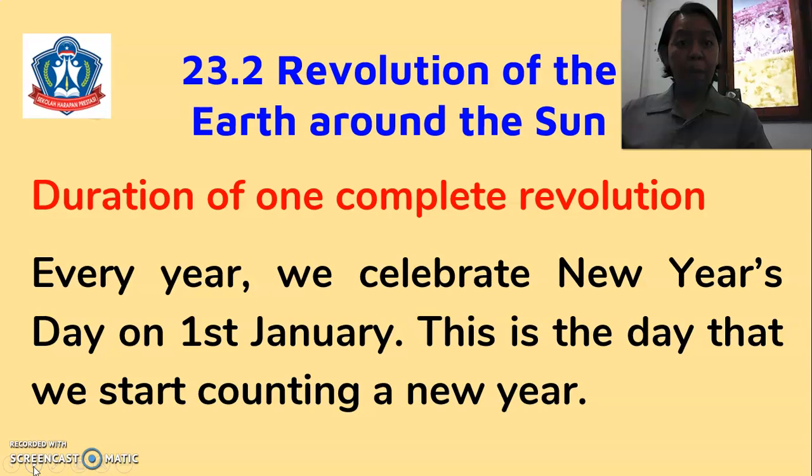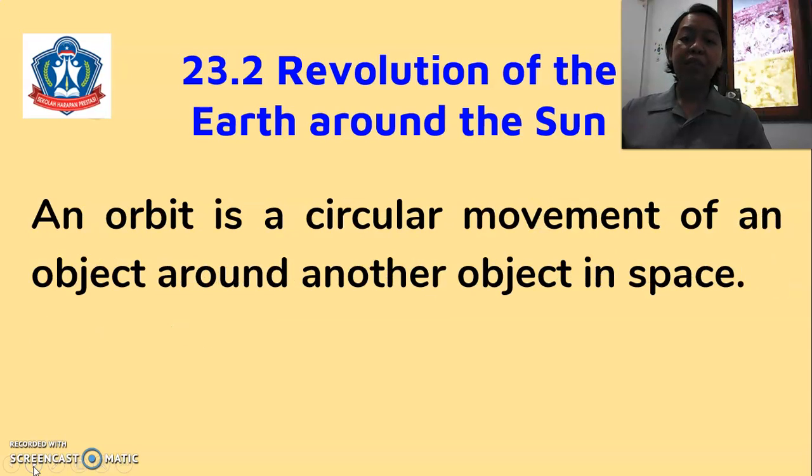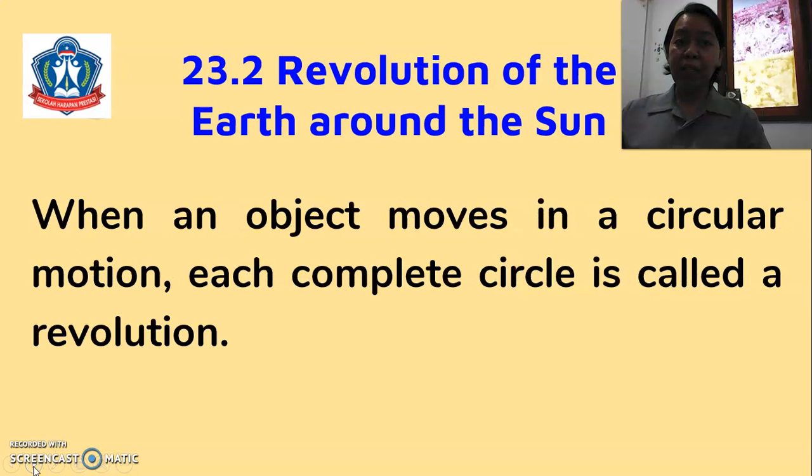Duration of one complete revolution. Every year, we celebrate New Year's Day on the 1st of January. This is the day that we start counting a new year. A year is the amount of time that the Earth takes to orbit or travel around the Sun once. An orbit is a circular movement of an object around another object in space.